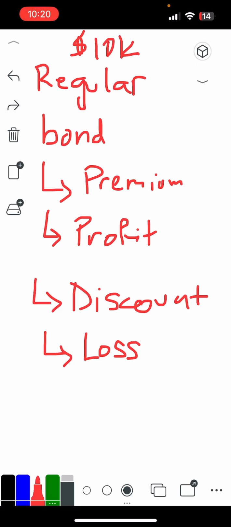Now, when it comes to coupon bonds, these are different than your regular bonds. The reason they're different is because they also offer interest payments, which are usually paid semi-annually, every 6 months or twice a year.